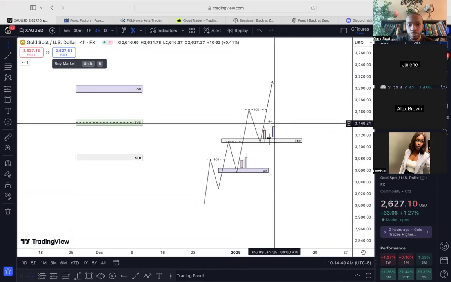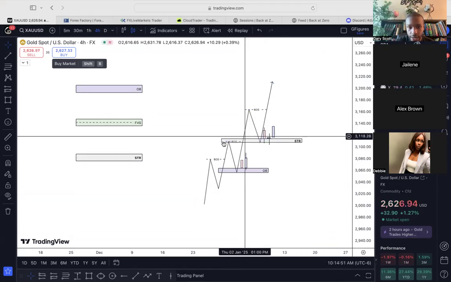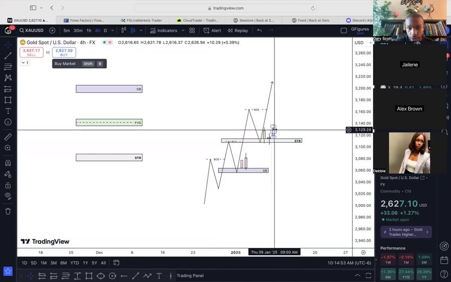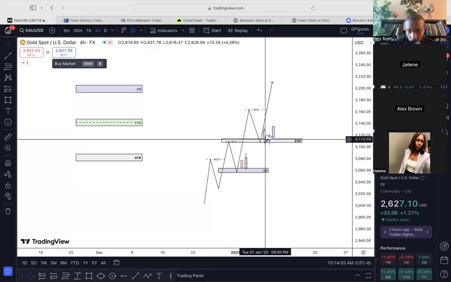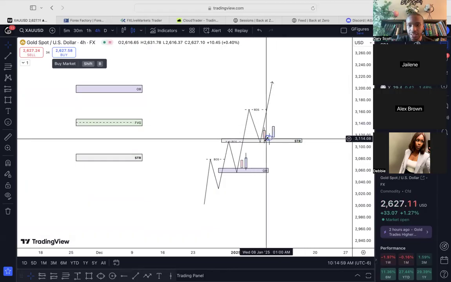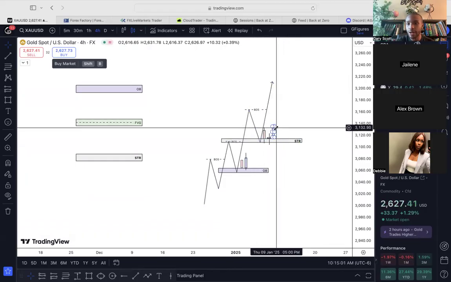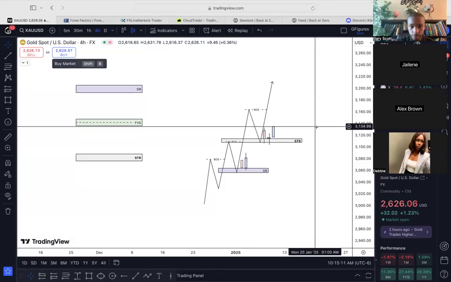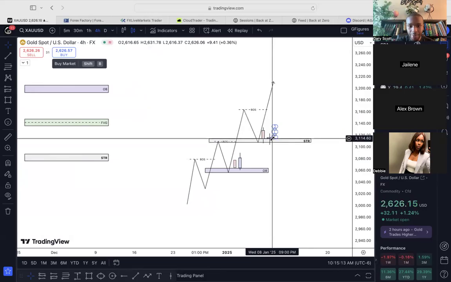This pattern right here at the structural level creates a bearish candle, a doji, and then a bullish candle. This simply shows us that this is a morning star pattern. That is one of the strongest candlestick patterns that you will ever see in the market.